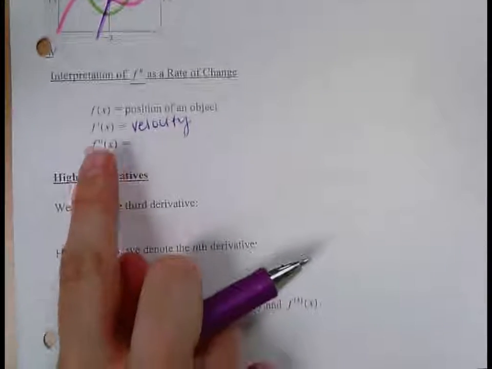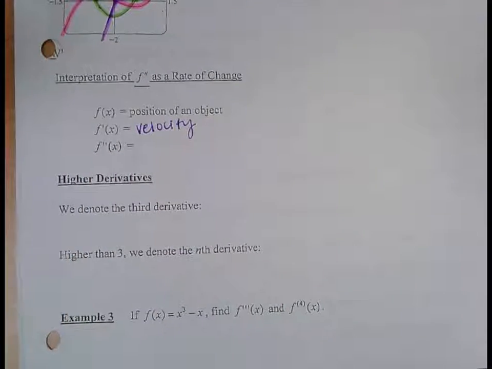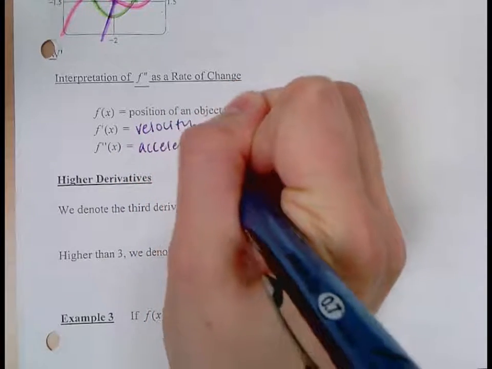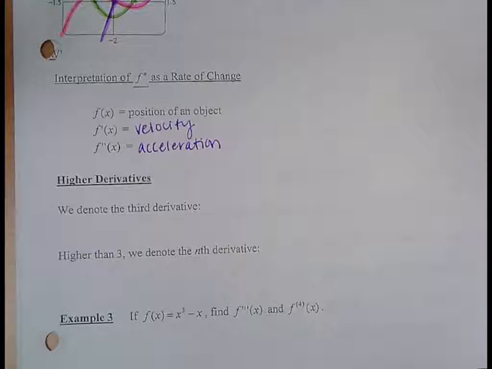Those of you in physics probably know what the second derivative is. Acceleration. Yeah. The rate of change of velocity is acceleration. So if you are answering questions about acceleration, you are finding the second derivative to do that.